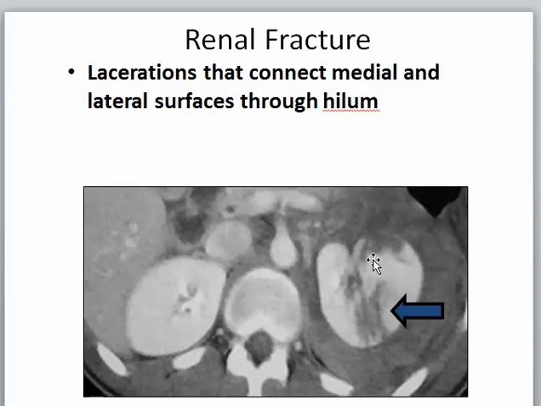So this is called renal fracture because the line of disruption or the laceration connect two sides. It's called renal fracture.